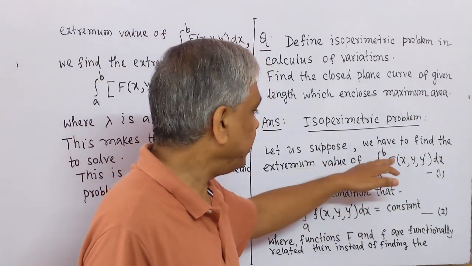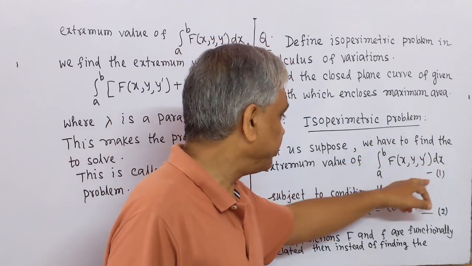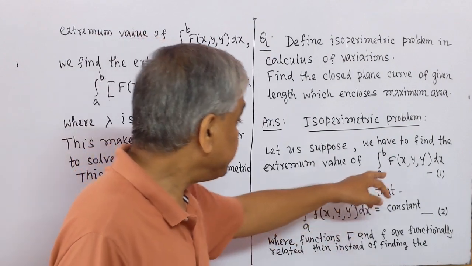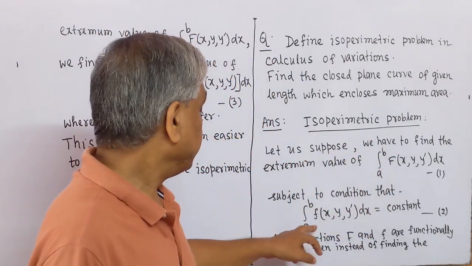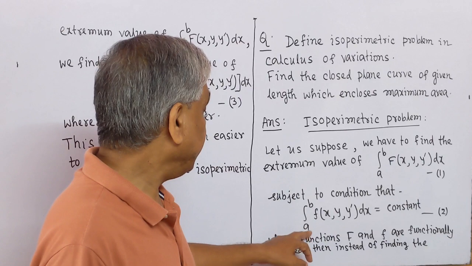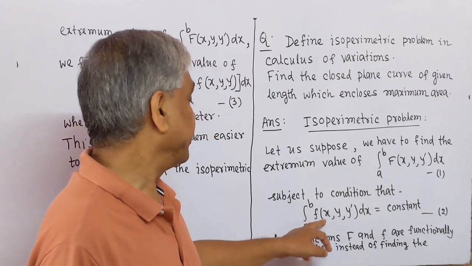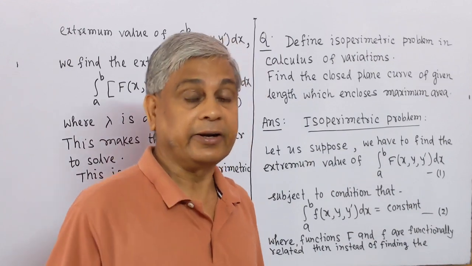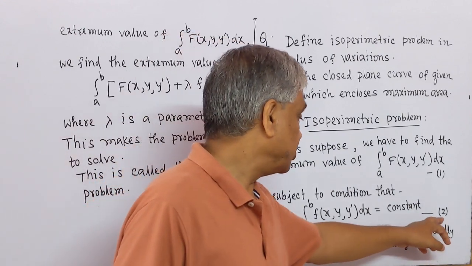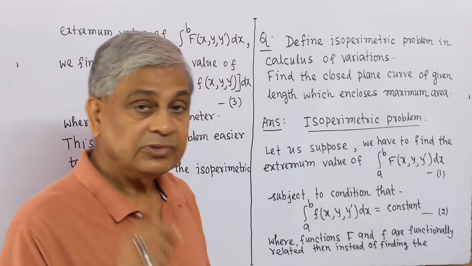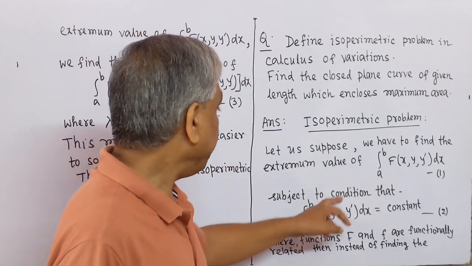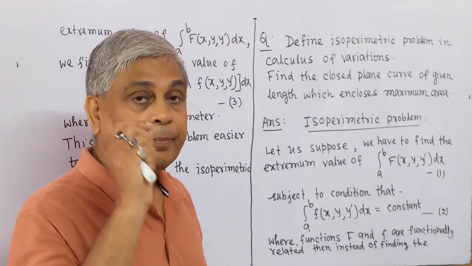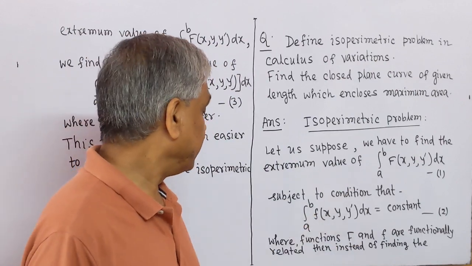We have to find the extremum value of this quantity, means this integral, subject to condition that integration limit a to b small f of x, y, y prime dx equal to constant. This is number 2, where capital F and small f are functionally related.